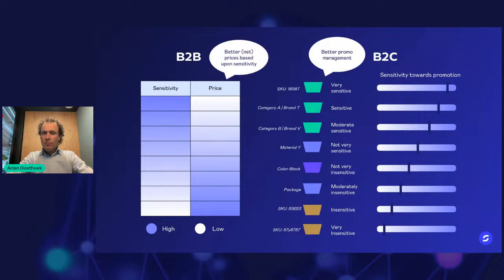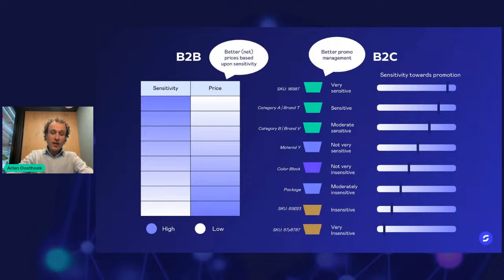For B2C, promo management is a big thing, so price sensitivity can be used for promos. The very sensitive group of products can be used for effective promos. And for the very insensitive products, you could leave margin, or leave money on the table, if you put these kinds of products into promotion, because they could be less effective.